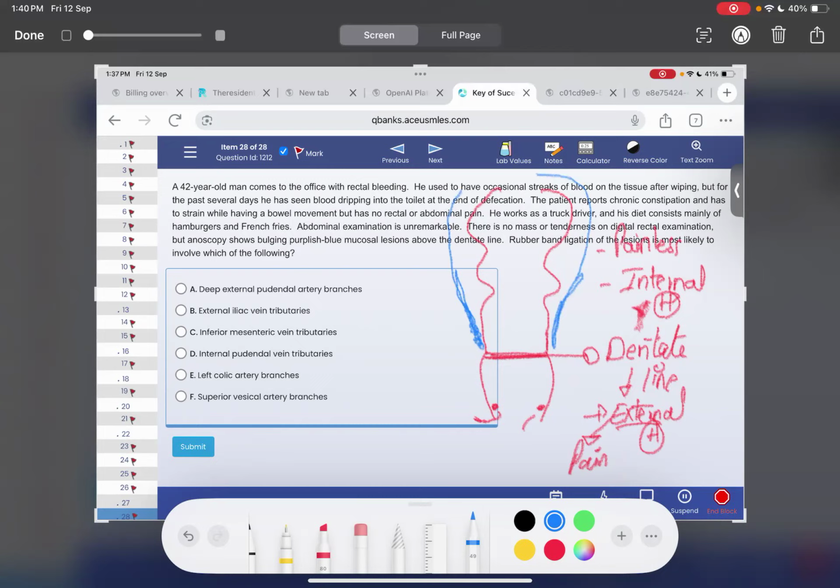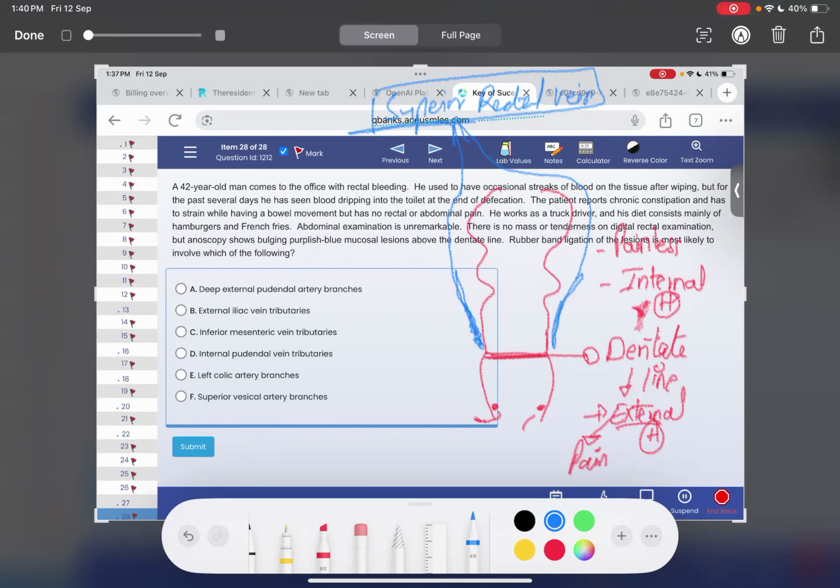The superior rectal vein drains into the inferior mesenteric vein, and the inferior mesenteric vein combines with the splenic vein, and then the name changes to the portal vein.